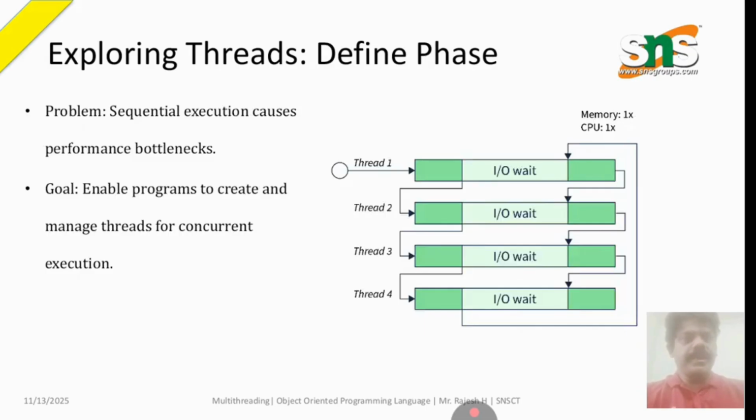Also, we need to define the thread with a more detailed understanding. The problem is that sequential execution causes performance bottlenecks, but the goal is to enable programs to create and manage multiple threads for concurrent execution.